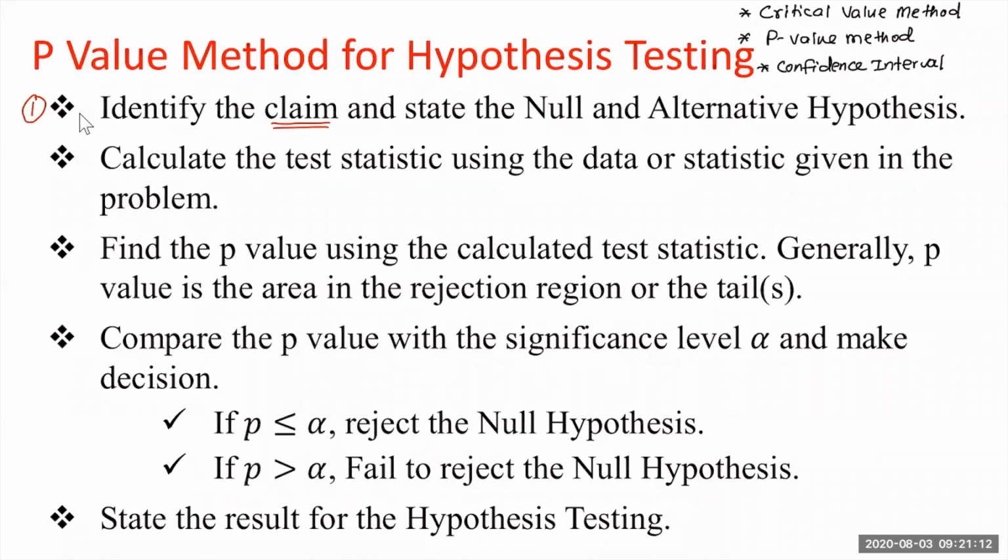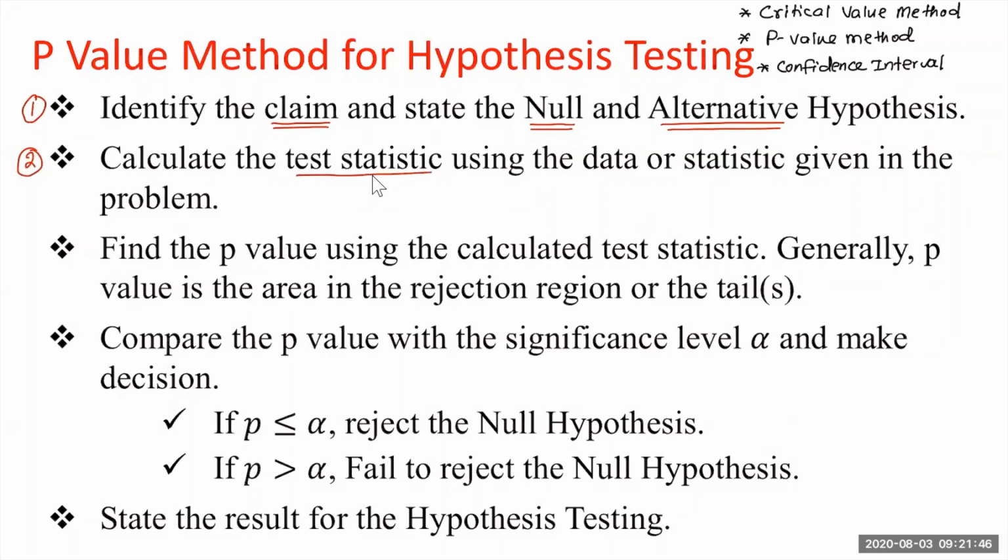Then we state the null and alternative hypotheses, and one of them will be the claim. You can read the problem, find that out, and mark it as the claim. That's your first step. Then the second step is to calculate the test statistic.